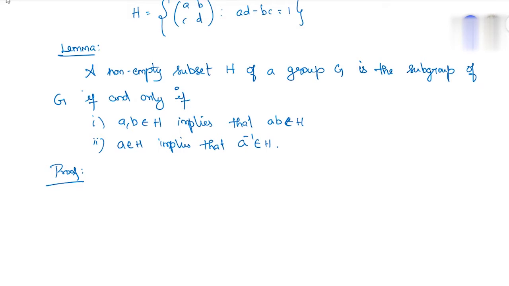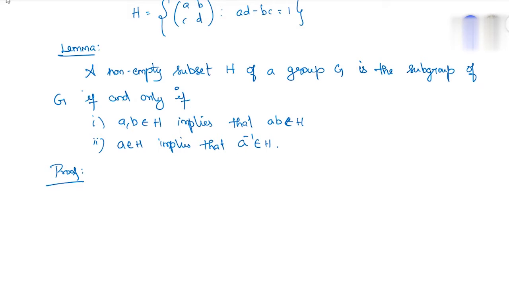That is, you don't need to check all the four conditions for a subset to become a subgroup. Just check whether closure is satisfied and inverse is satisfied. That will do.